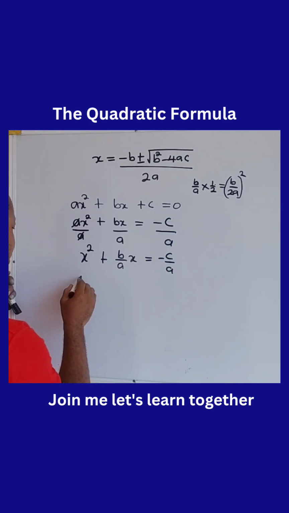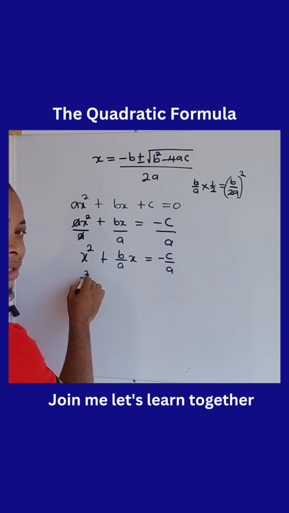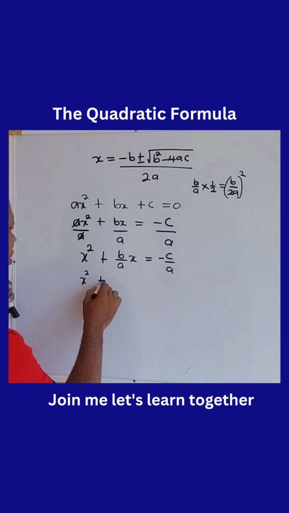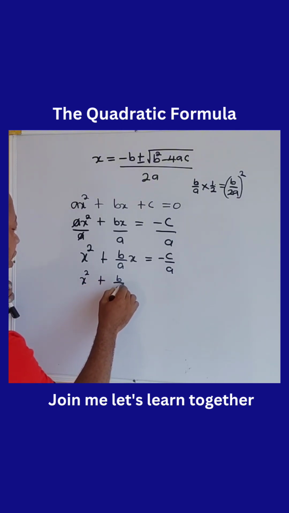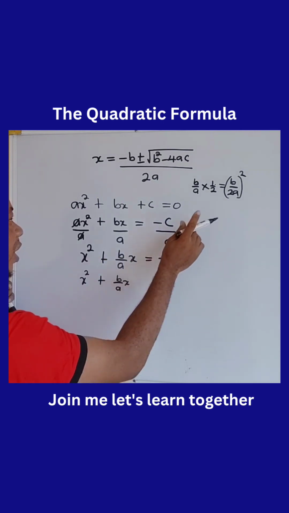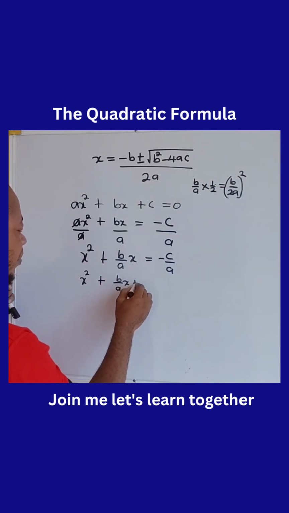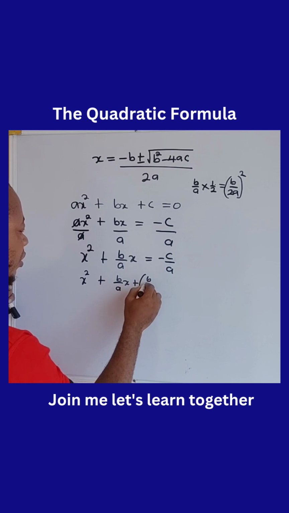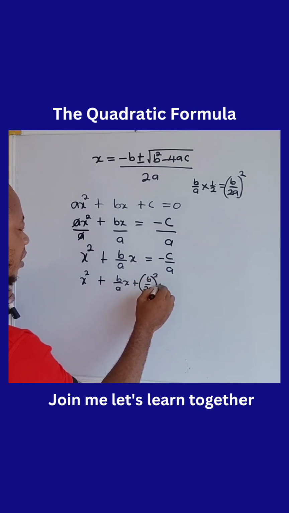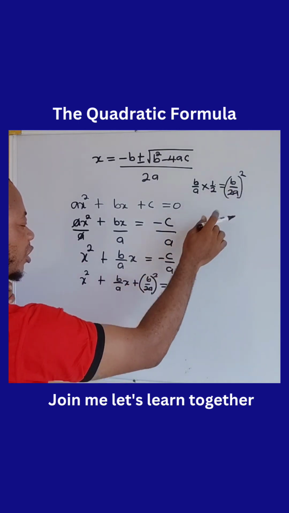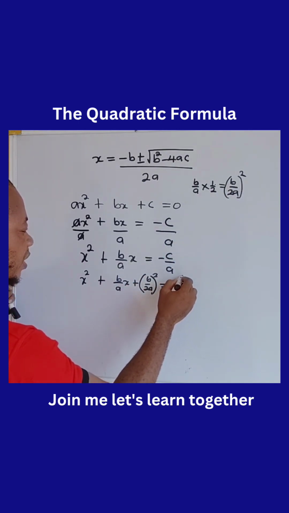So this is going to be x squared plus b over a x, which is this one. Then let's bring in this. We say plus again in bracket b over 2a all squared. Then equals the same b over 2a again, because we're going to add it to both sides. Okay? All right.